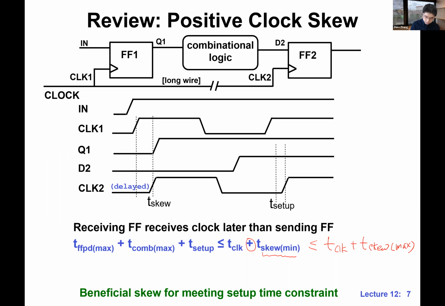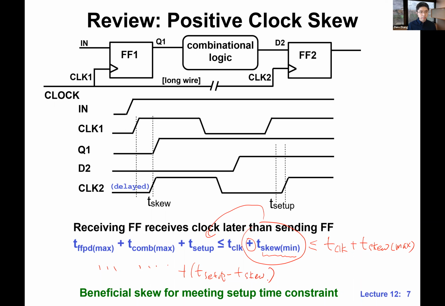And we can do the same trick again. If we rearrange the term, we move it to the left-hand side. So really we have T setup minus T skew. So effectively, the setup time window is shorter, which is good.